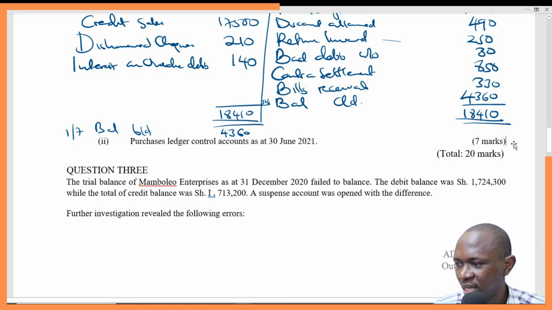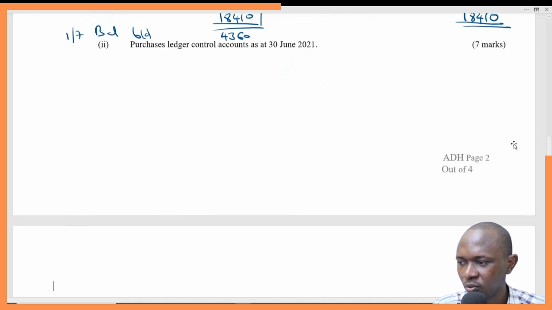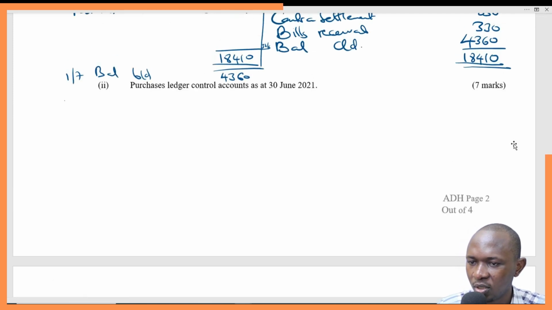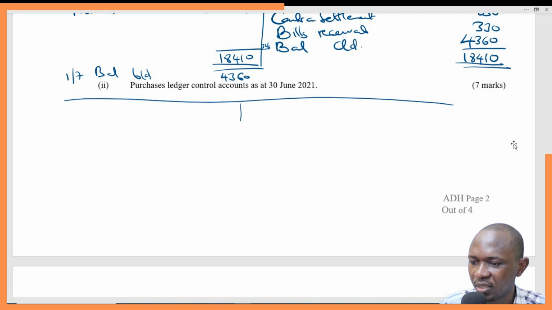So let's prepare the purchases ledger control account also. This one we will also prepare something like that. We have the debit side, we have the credit side. Shillings, we restrict the zeros.